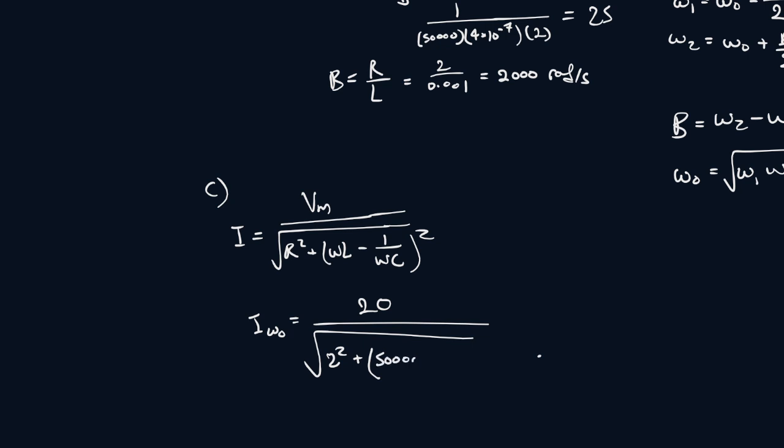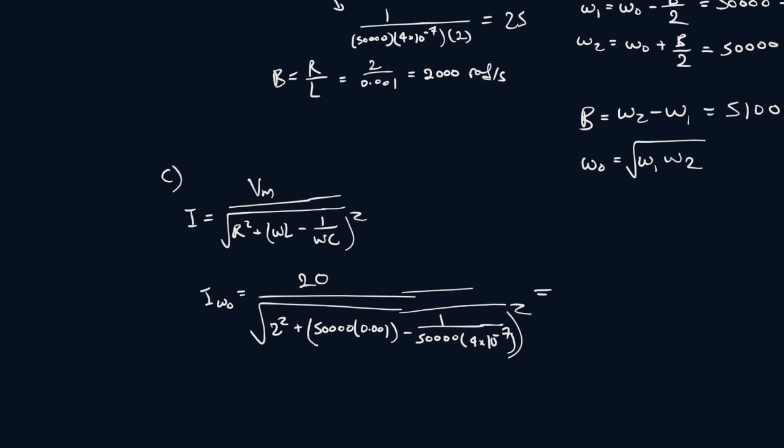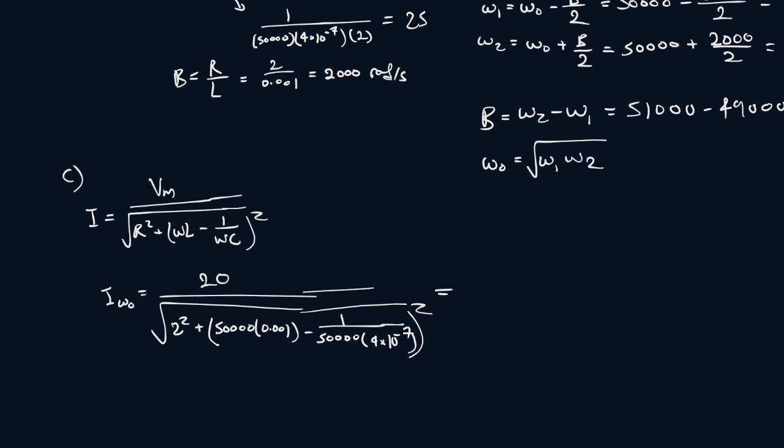So 50,000 goes in here times 0.001 minus 1 over 50,000 times 4 times 10 to the power of minus 7. Then this whole thing is squared. And this should give you 10 amps.